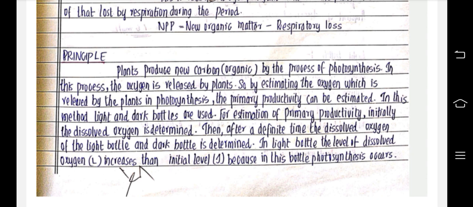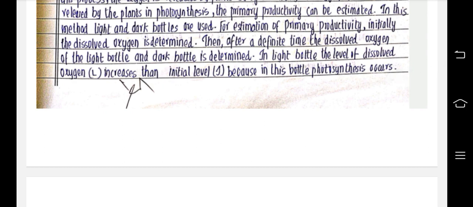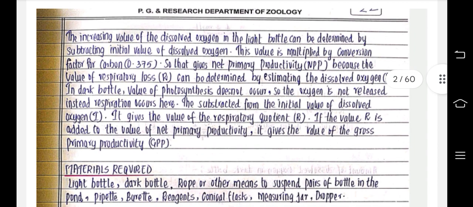In the light bottle, the level of dissolved oxygen increases compared to the initial level, because photosynthesis occurs in this bottle. The increase in dissolved oxygen in the light bottle is determined by subtracting the initial value of dissolved oxygen.